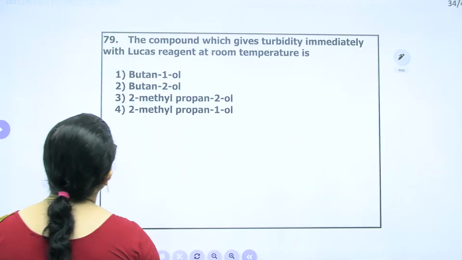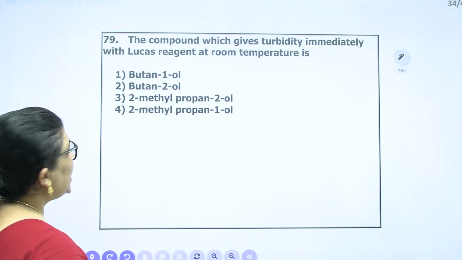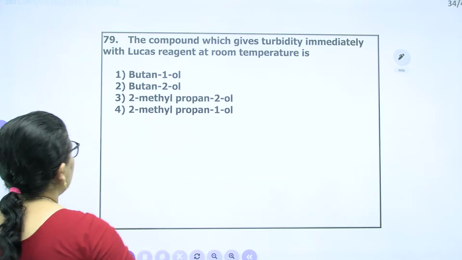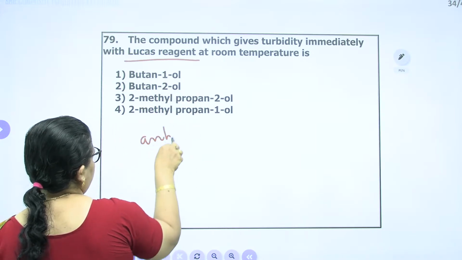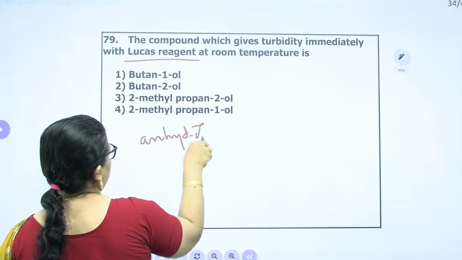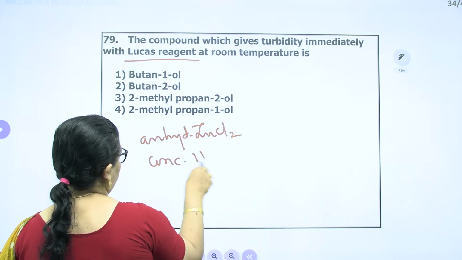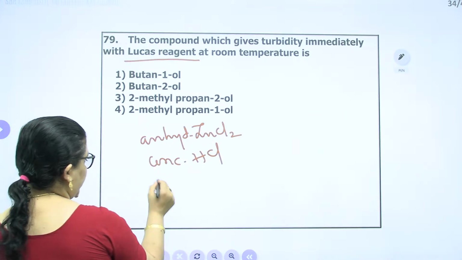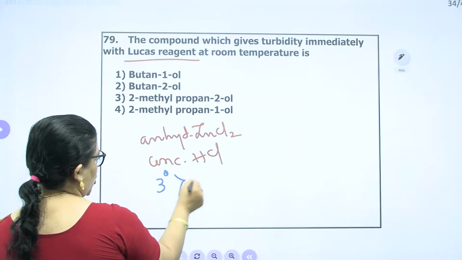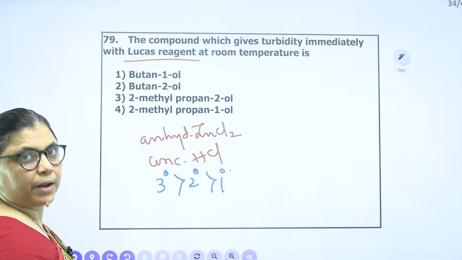79. The compound which gives turbidity immediately with Lucas reagent. We know very well that Lucas reagent is a mixture of anhydrous zinc chloride and concentrated hydrochloric acid. The order of reactivity with Lucas reagent is tertiary, secondary, and primary.